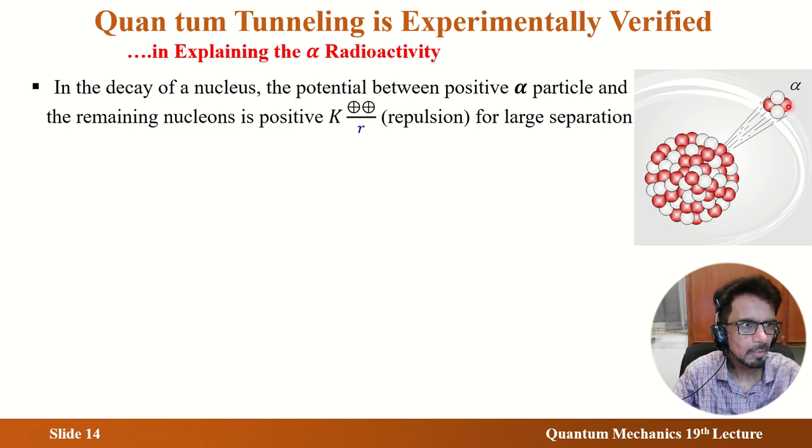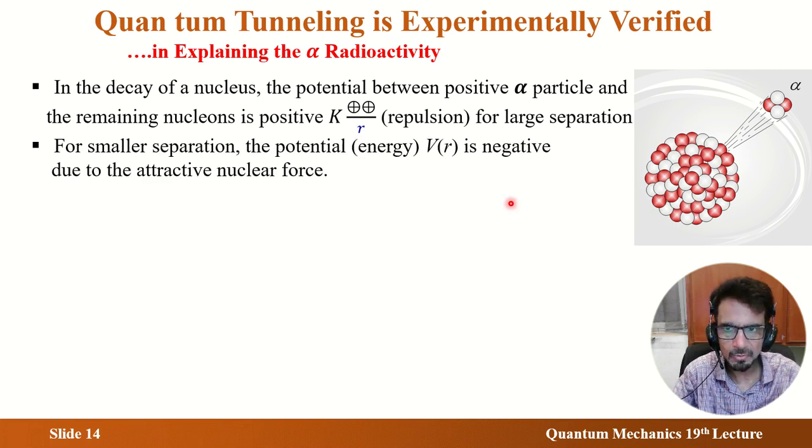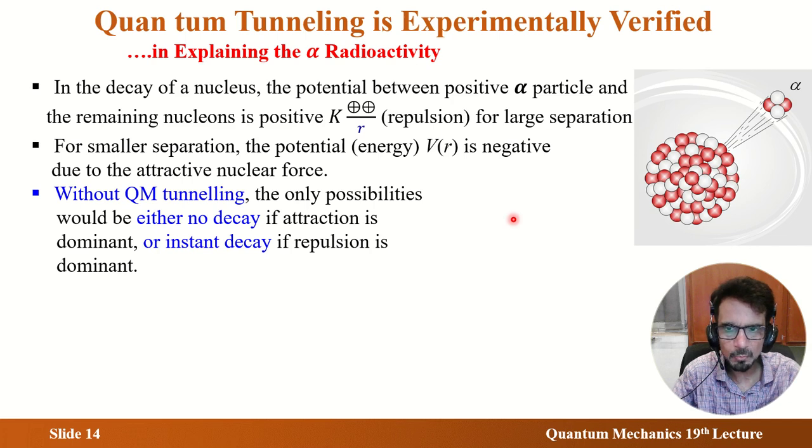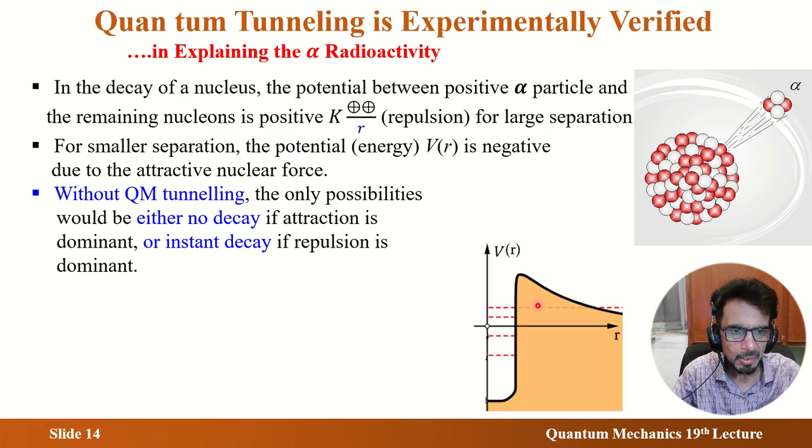The protons are positive, and the other part is also positive, so there's an electromagnetic repulsion. But also there's a nuclear force which is attraction. So this is a combination of attraction and repulsion, and there's a topic of nuclear physics rather than quantum mechanics, so maybe I don't have time to do that.